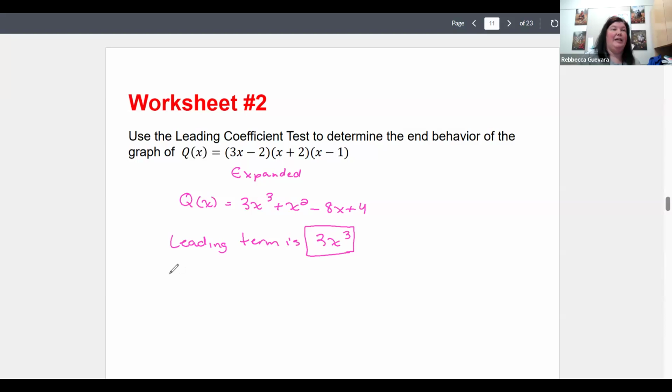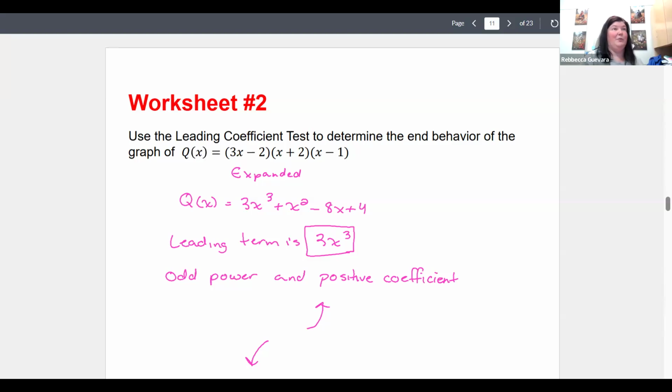We know from this we have an odd power and a positive coefficient. So we are expecting that the end behavior of this is going to be like this.